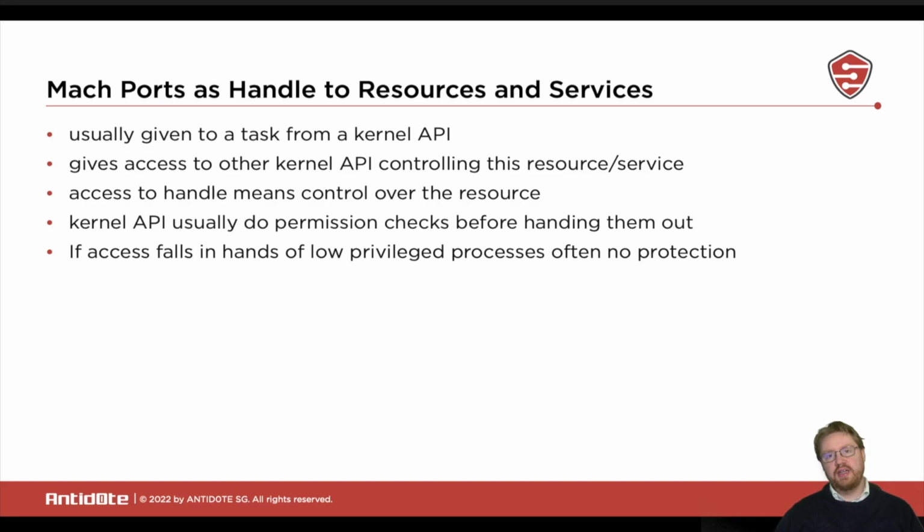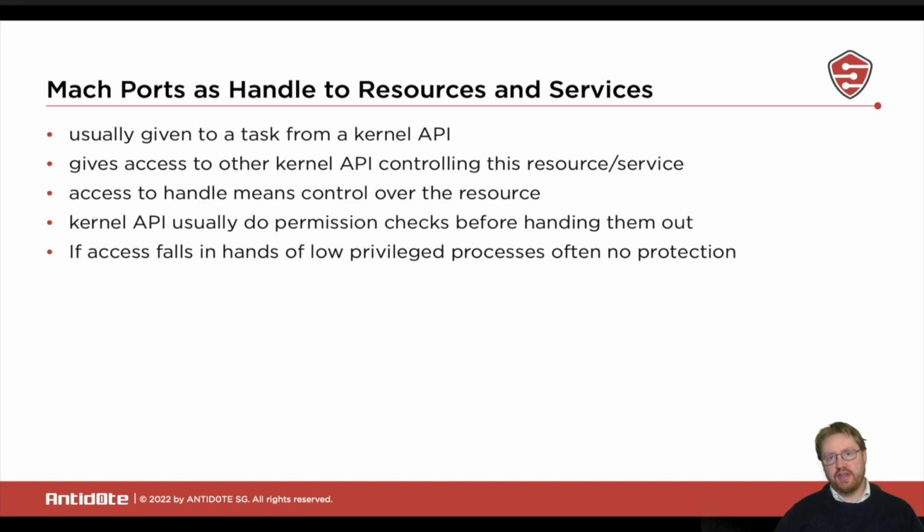And usually these APIs that give us this port are performing all the security checks. There are very few runtime security checks for this kind of stuff in Mach, because usually the idea is the moment a task has access to a port, they should have all the rights on it.